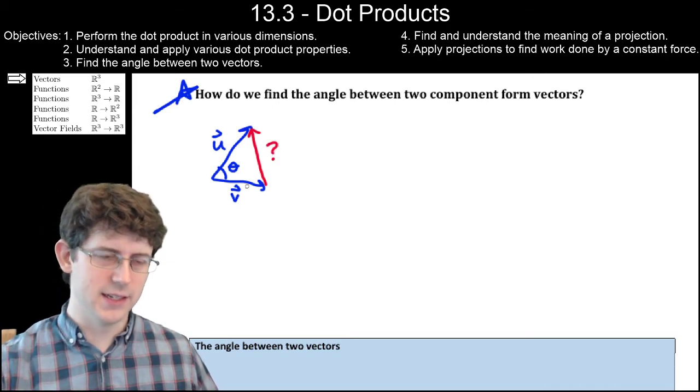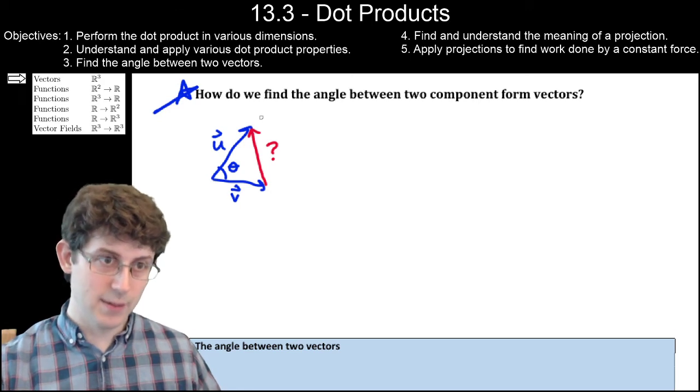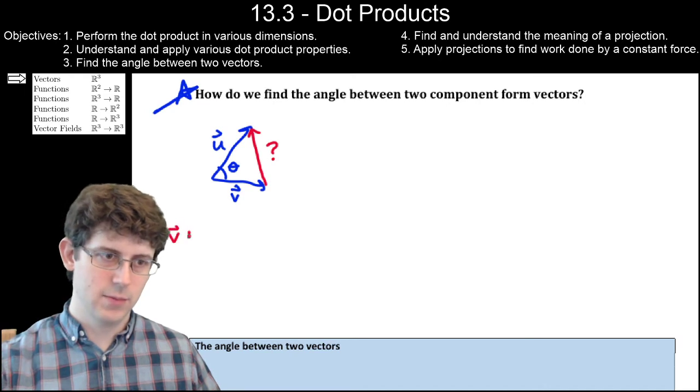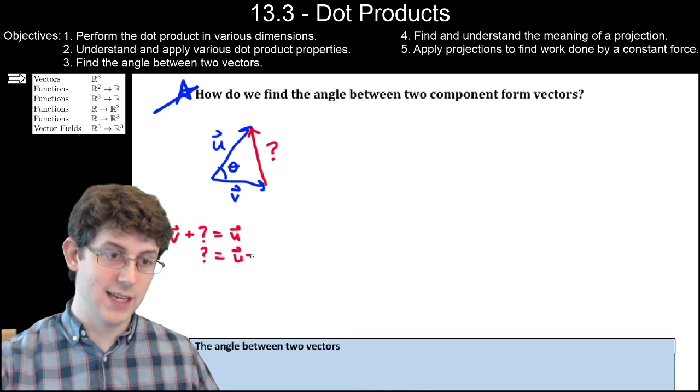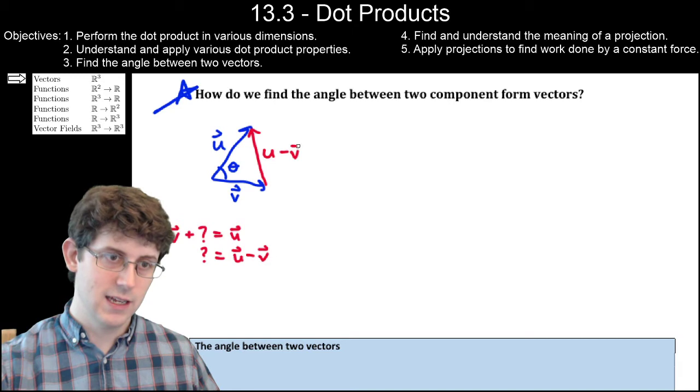What vector is this? Well, you start at v, add something, and end up at u. So it's v plus what is u? And the answer is that that's u minus v. So this vector, to complete the triangle, is the vector u minus v.